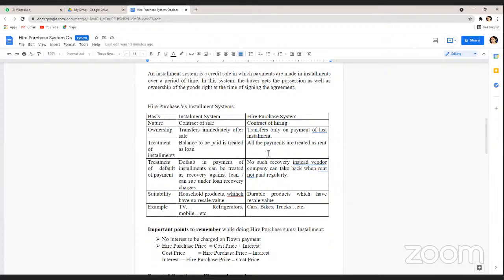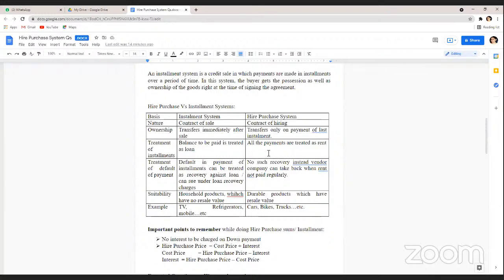It comes under the rental basis. In the installment system, the buyer of the asset cannot return the product. If he purchased it, he has to keep it. But in hire purchase, it's not like that. He can return it if he is not satisfied with its function because he is paying rent. Whenever he is not satisfied, he can return the product.